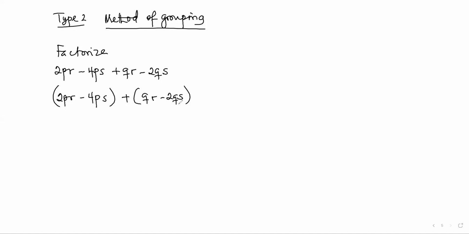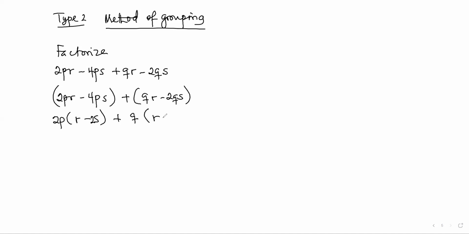So now what's common? In the first bracket, we have 2p being common. Then we'll be left with r - 2s, because 2 times 2 gives you 4. P is factored out already, so we are left with r. Then plus, what is common here? We have q being common.